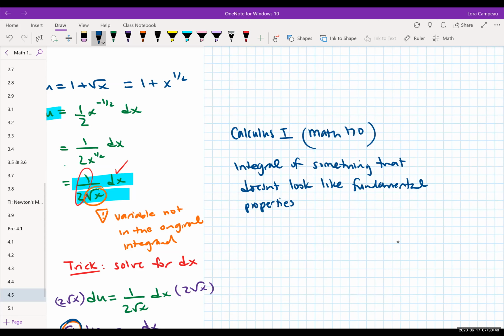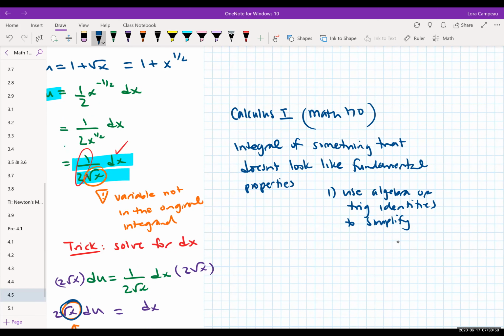Remember, I'm just summarizing everything we've ever learned. We could either use algebra to simplify or trig identities, if it's, quote, nice to do so. Or what we can then do is use USub. That's our favorite technique. So if you're ever stuck, try USub. That's the whole idea of our class, Calculus 1, when we integrate.